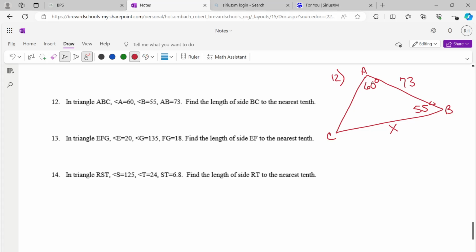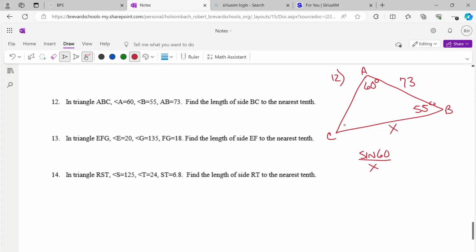So the sine of an angle over its opposite side: sine 60 over x equals the sine of an angle over its opposite side. We can't use this 55 because side CA doesn't have a measure. So we need angle C first.